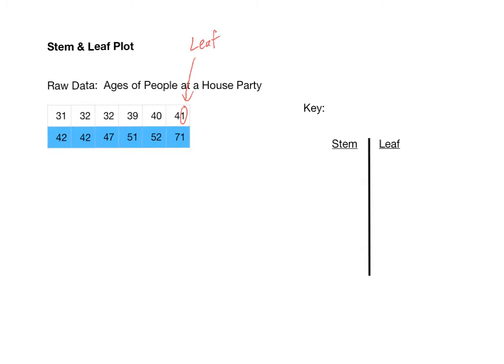You can possibly define it differently, but for us, the leaf will always be the digit furthest to the right, and it'll be just that one digit. So for example, the leaf of that number 41 is 1. The leaf of this number 40 is 0. And the stem is what's left. So this is the stem of this number, and this is the stem of this number. Let me write that in.